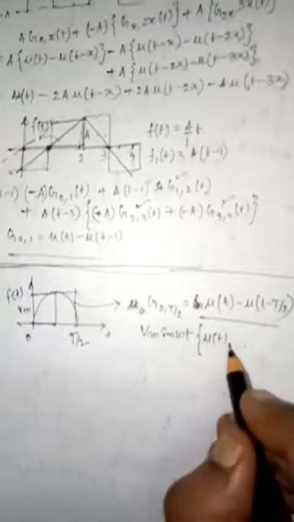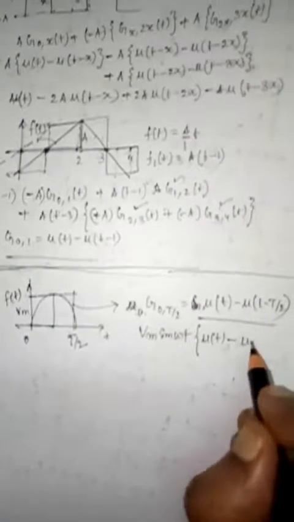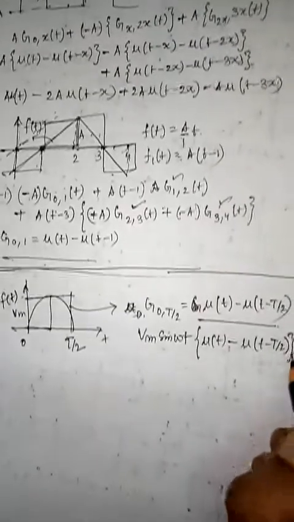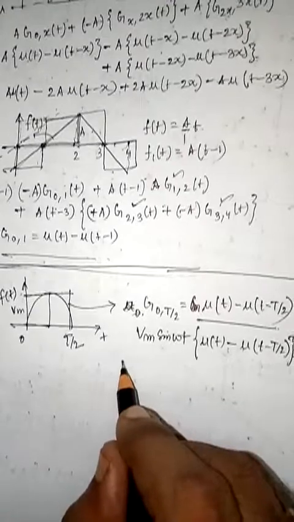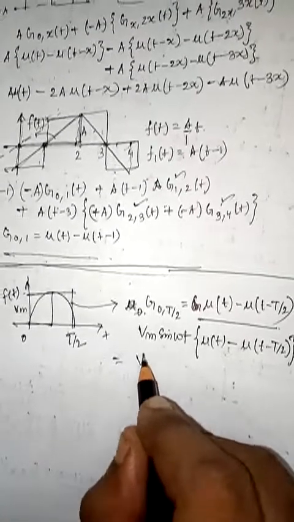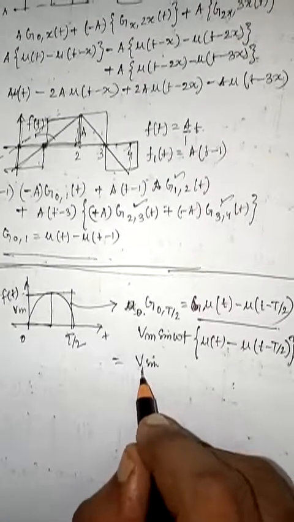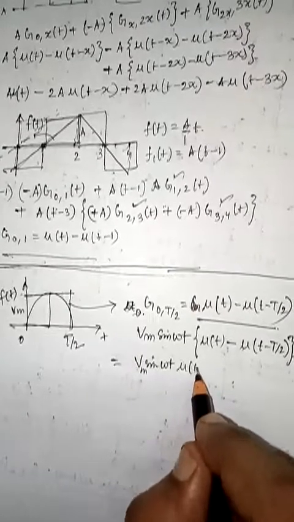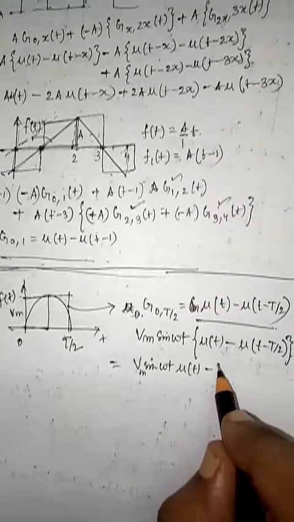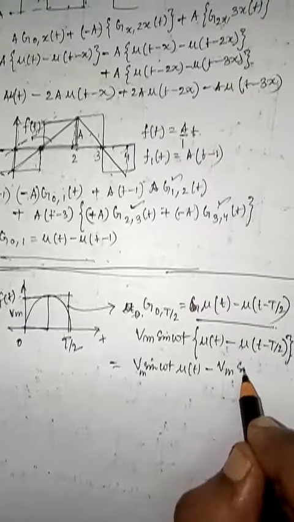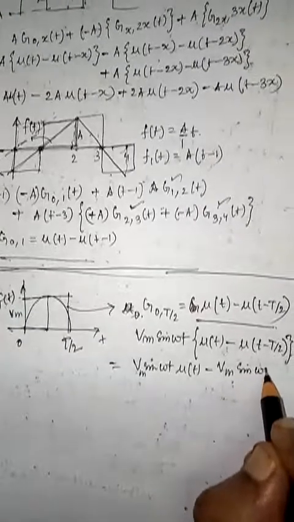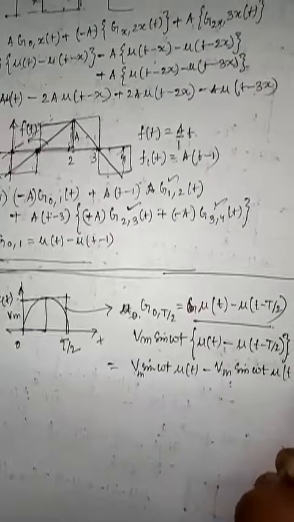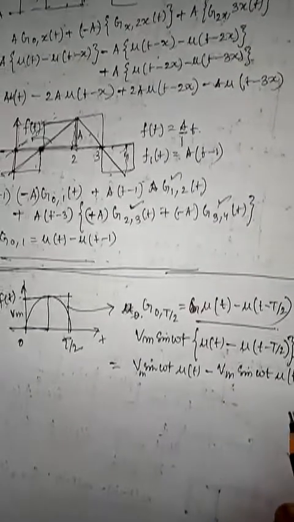That gate function is u(t) minus u(t minus T by 2). So you can write it as Vm sine omega t u(t) minus Vm sine omega t u(t minus T by 2).